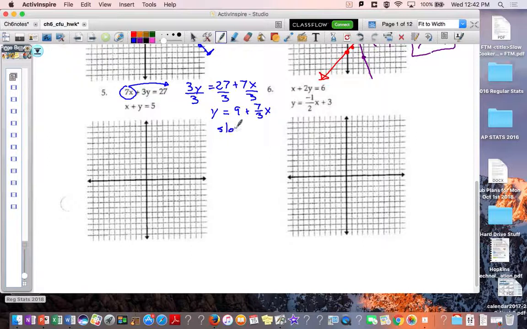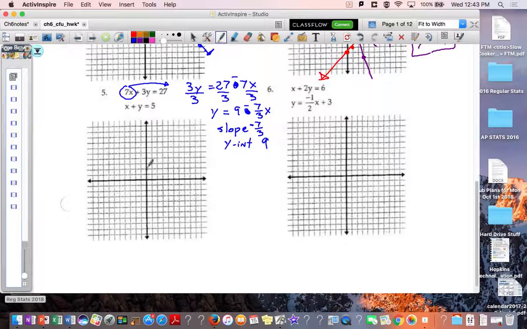So my slope, 7/3, y-intercept is 9. Ooh, I apologize. What's wrong? Should be negative 7/3. Did it again, Mr. Bartz. Oh my goodness. If you move that over to the other side, we're subtracting it. Oh my goodness. Almost made that mistake twice. Glad I caught it now.